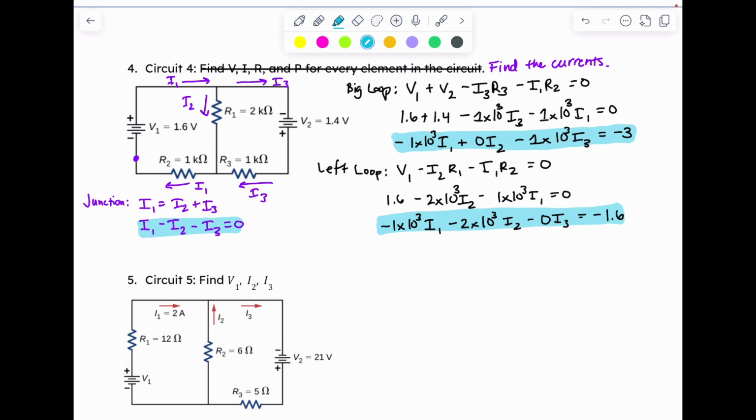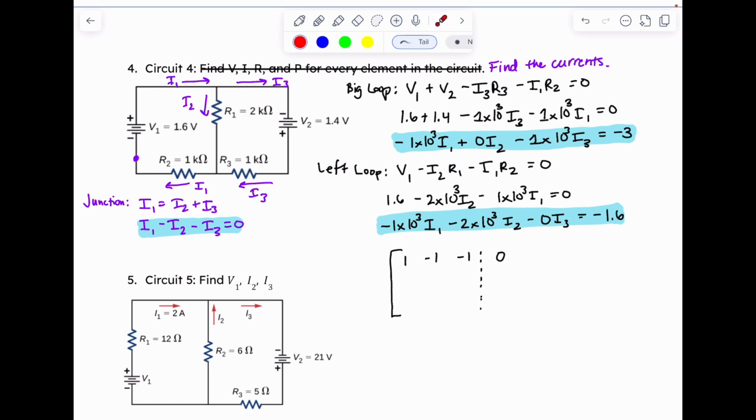So we're going to make a matrix. And then our matrix is going to look like this. The coefficients of all the I's in the first equation are just 1, -1, and -1, and that's equal to 0. So my entries are going to go 1, -1, -1, and 0.